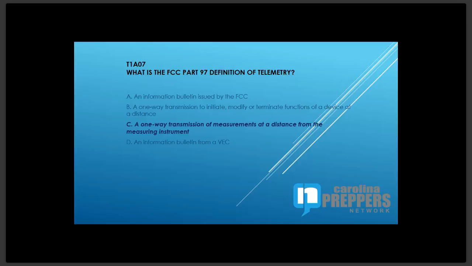So you can cross that one out. You're studying for a test for overall ham radio operation at a technician level. You're not concerned about bulletins that go to a finite number of operators. So, one-way transmission of measurements at a distance from the measuring instrument.